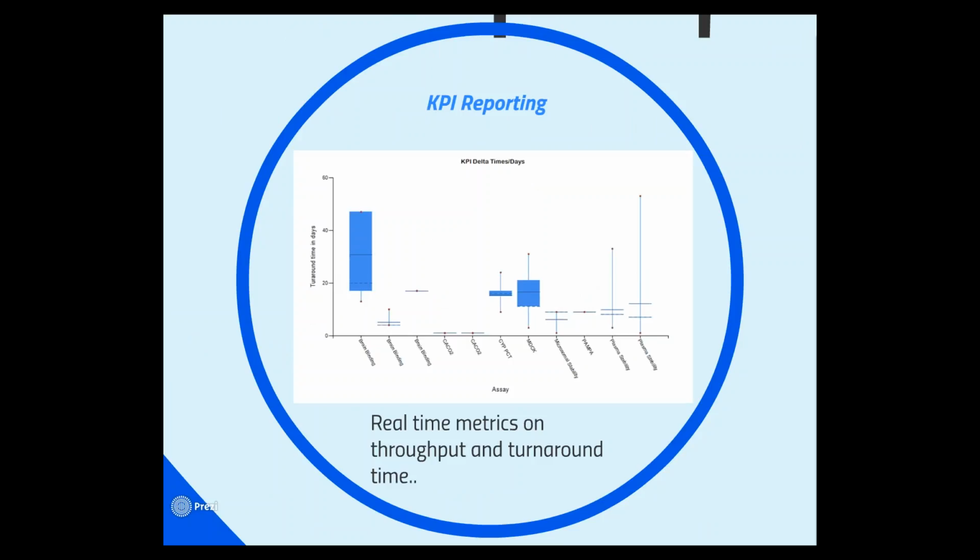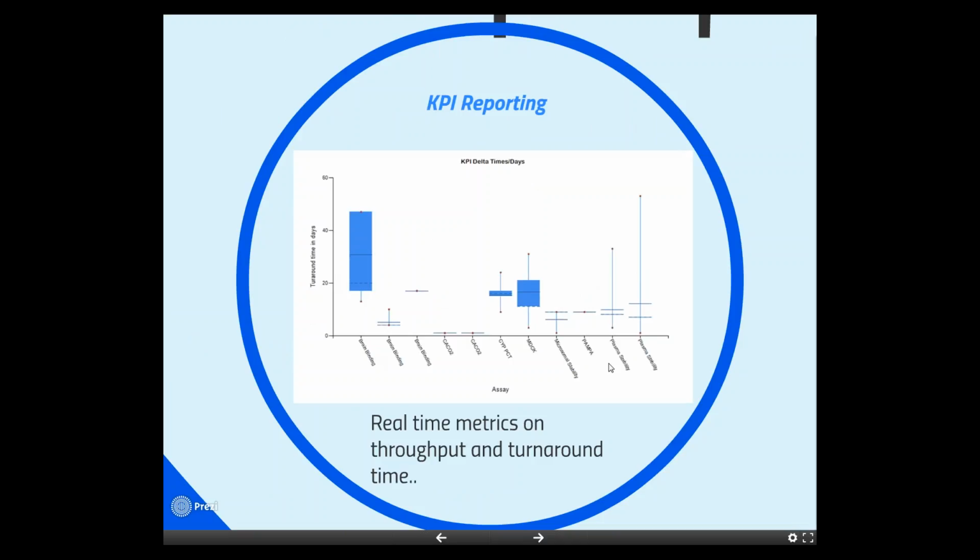In this example here, I've got a set of assays from a DMPK department, and we're tracking the turnaround time in days. Here we're plotting on a candlestick diagram the maximum turnaround time, the minimum, the median, and then the upper quartile and lower quartile ranges.